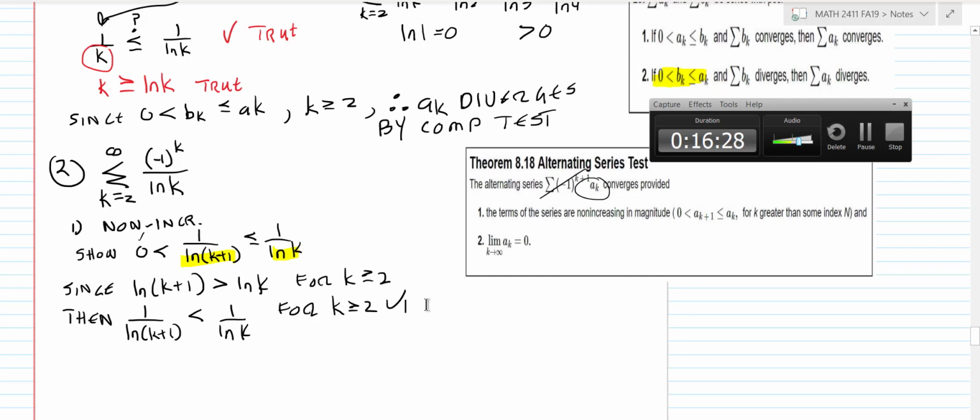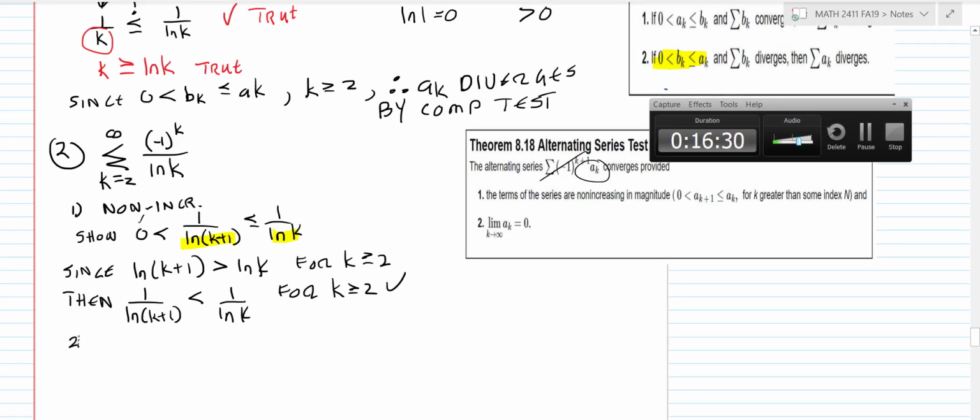All right, so now we move on to the second thing. The second thing is we need to do this limit. So let's go ahead and do the limit as k goes to infinity. Again, we're disregarding the alternating signs. We're just looking at 1 over ln of k. This is pretty obvious. ln k is going to get bigger and bigger without bound, so this is really 1 over infinity, and therefore that's going to 0.